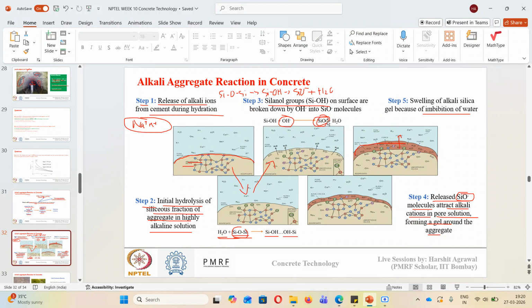Okay, this negative anion attracts the alkali cations to form a gel around the aggregate surface, and this gel absorbs water and expands and swells up. So when swelling happens, it exerts pressure on the concrete, which causes cracking of concrete.